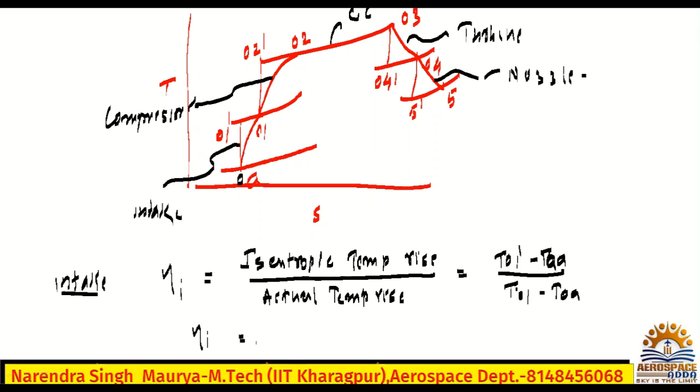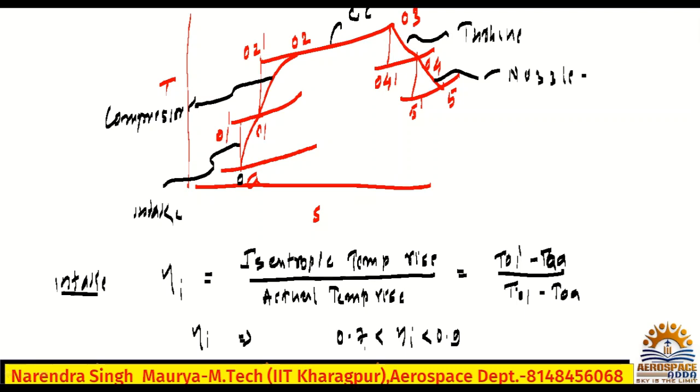The appropriate value for the intake or diffuser is given, that range is given, okay. I must write intake efficiency is less than 0.9 and greater than 0.7.